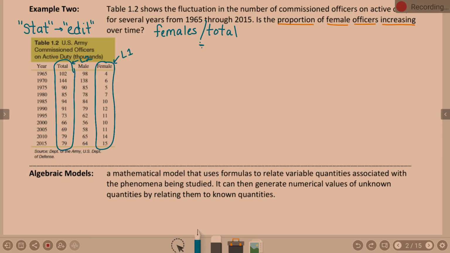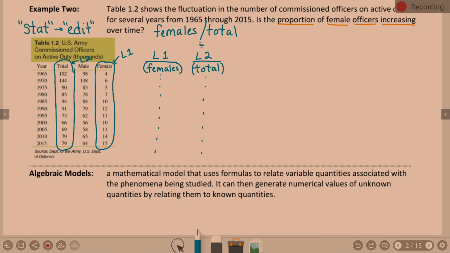So right now, in my L1 column, I opted to put all the females. Not saying that's where they had to go, but I'm not going to write those numbers because they're there. In the L2 column, I put my totals. Again, I don't need to write them out. I want you guys to see that.